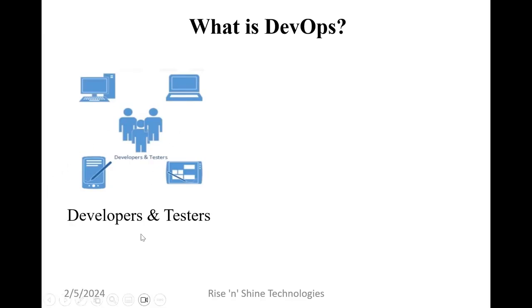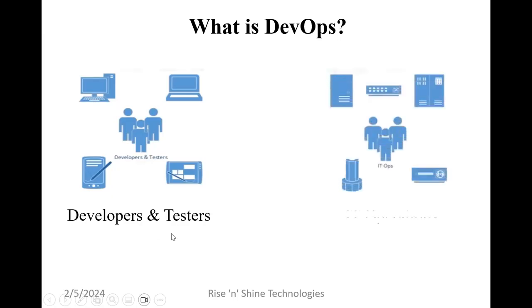So what is DevOps? Developers, testers and operations teams. All these teams' coordination, that is DevOps. And here we see Dev test ops. Can we call it Dev test and ops? Yes. Or can we call it DevSecOps?